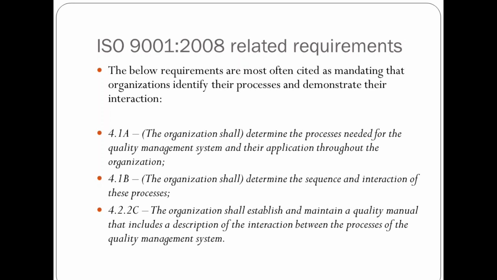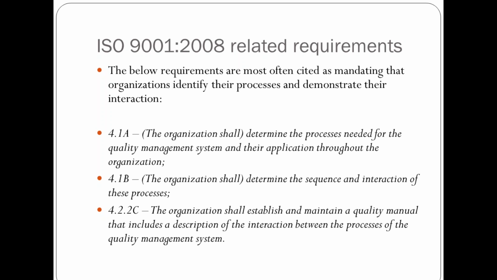Now, in terms of where this requirement comes from in the standard, let's start with ISO 9001-2008. The two clauses that are at play here are 4.1 and 4.2.2. In 4.1a, it states that the organization shall determine the processes that are needed for the quality management system and their application throughout the organization.